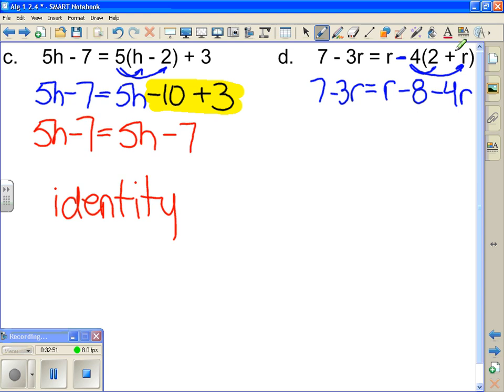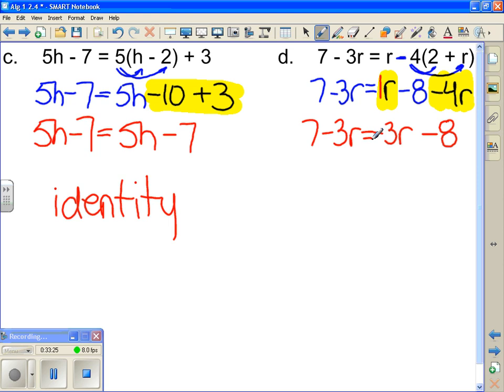But on the right, we have like terms. R minus 4r. How much is r minus 4r? Don't forget there's a 1 there. Sometimes we don't write it, but it's there. 1 minus 4 makes, that's right, -3r. Bring down your 8, bring down your 7 minus 3r, and your equal sign.